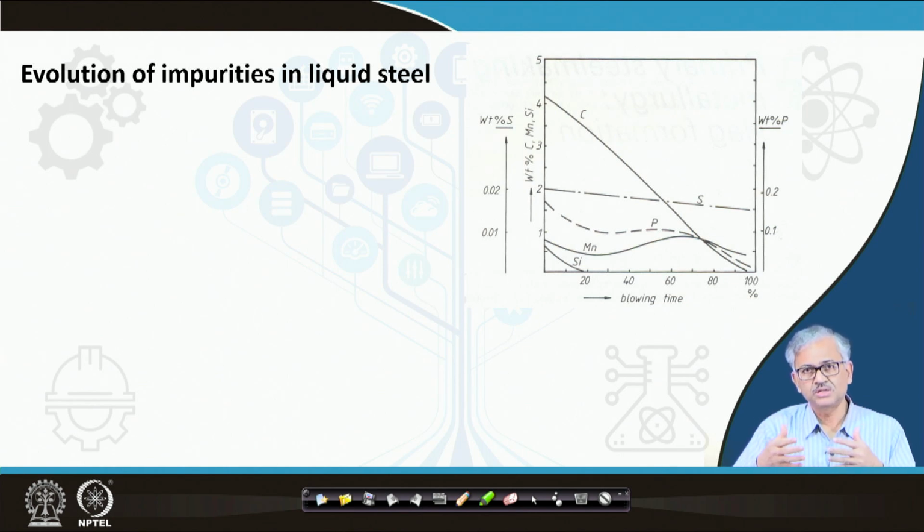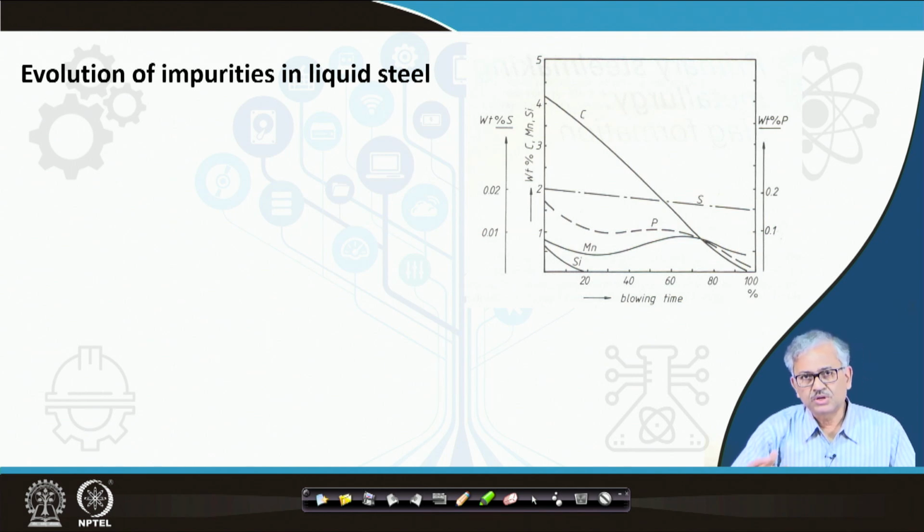The standard free energy change, delta G naught, for formation of silica is more negative, so it is a very stable oxide. The potential gradient for formation of silica among all other impurities is the maximum.